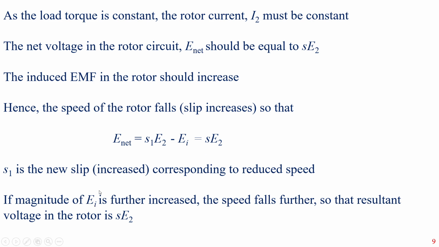If the magnitude of EI is further increased, the speed falls further so that the resultant voltage in the rotor circuit is SE2.